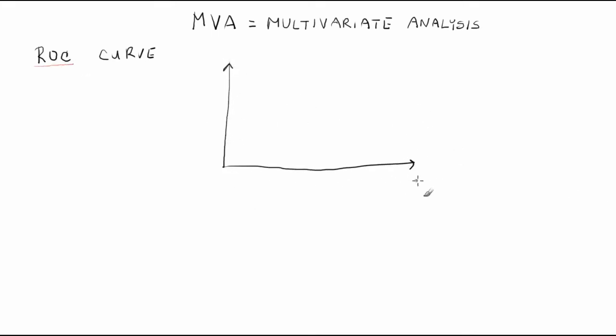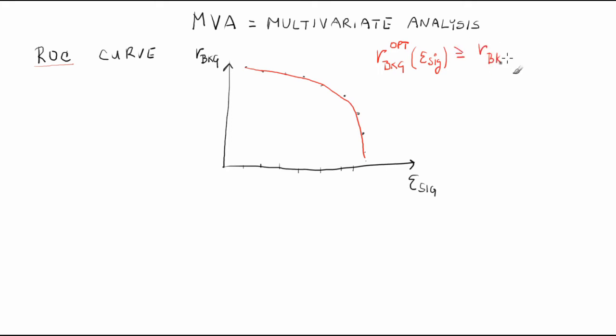For each experiment, there's always an optimal test that provides, for each signal efficiency, the highest possible background rejection. Written mathematically, R background optimal of epsilon signal is greater than or equal to R background of epsilon signal.